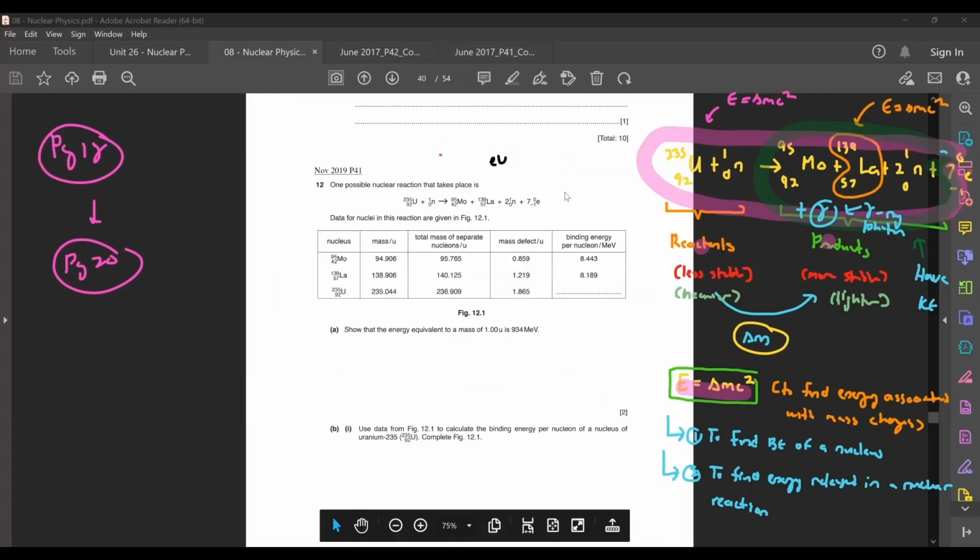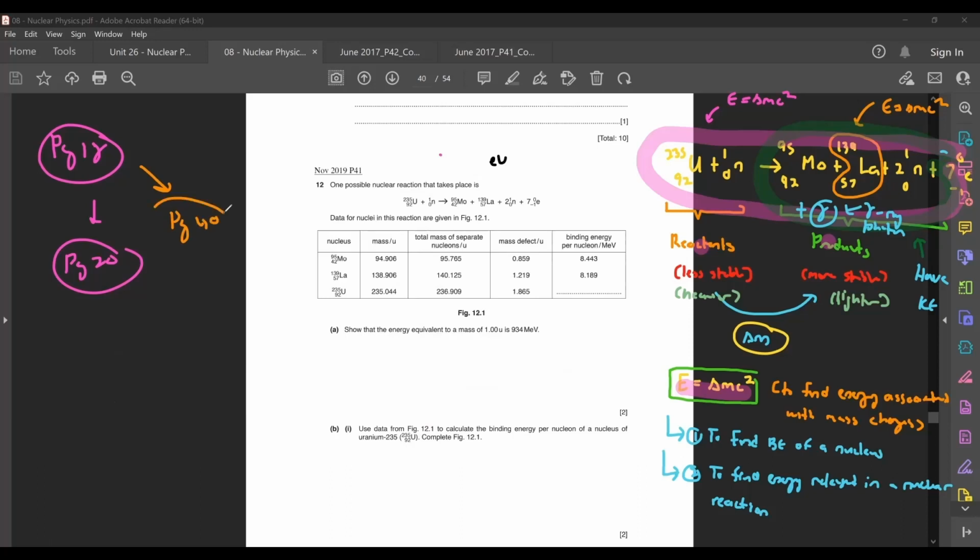Next one that I want to do with you is page 40. Okay, you will notice that in these 3 pages, the equations that have been given to you are actually the same. There's some differences here I want you to be able to see. So you look at page 40, November 2019 P41, they again tell you a possible nuclear reaction that takes place is this one, which is actually the same equation in page 20 and page 18.